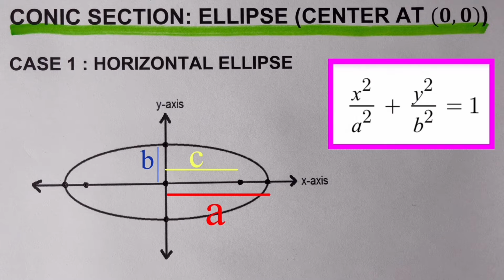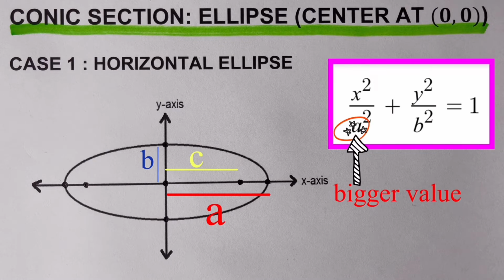Notice that our a is the longer value, because this is half of the major axis, which is the longer diameter. Our a is the denominator of x squared. This means that if the denominator of x squared is bigger compared to the denominator of y squared, then we have a horizontal ellipse.